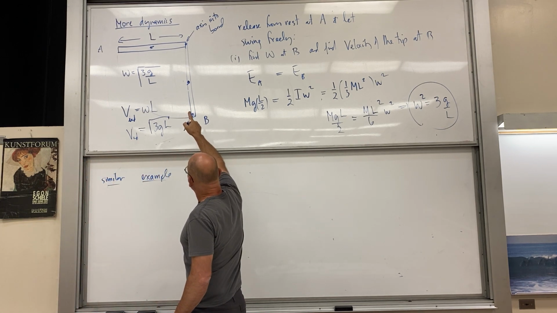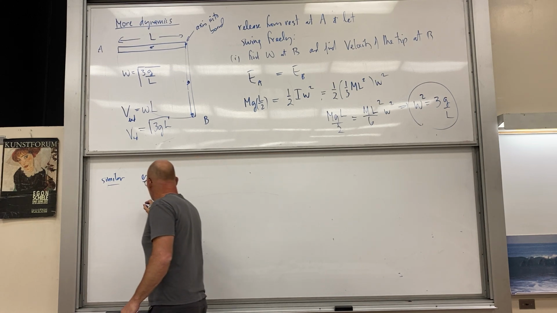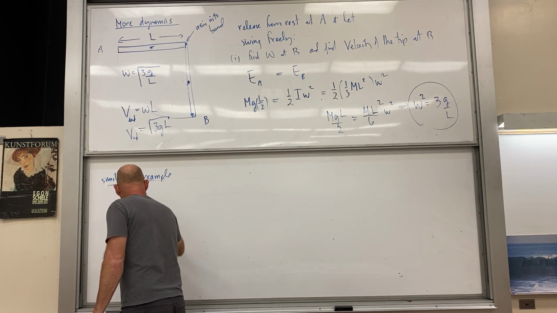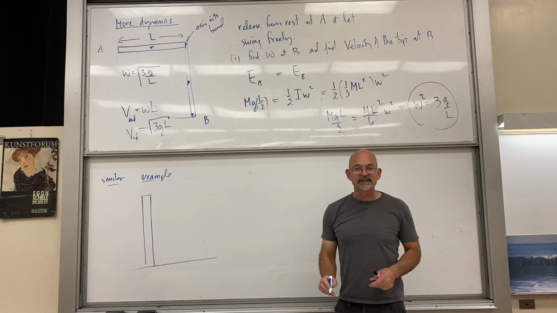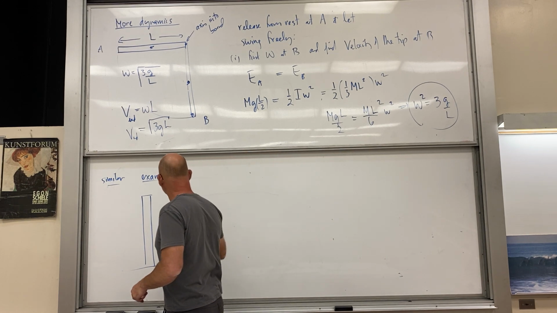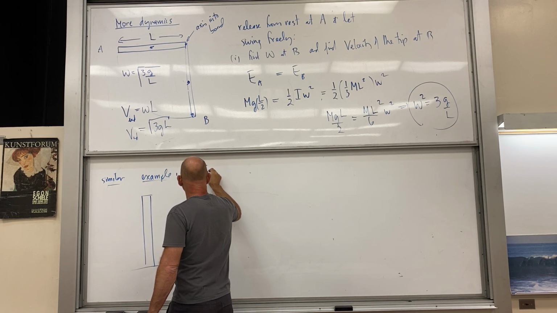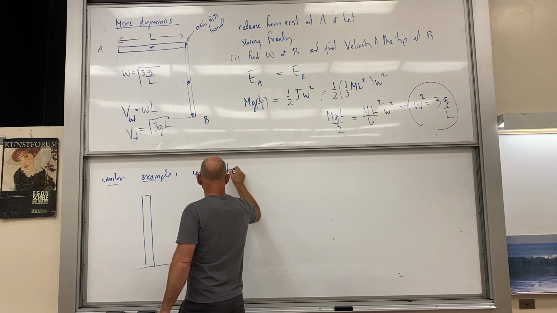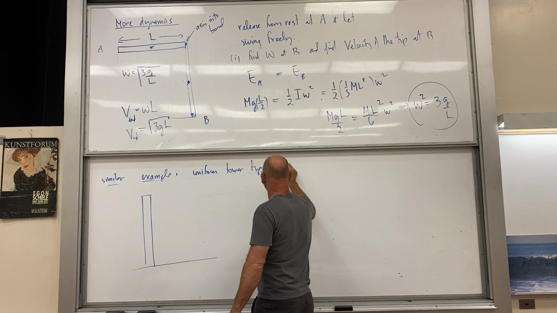So we let that thing swing through, just because it's an easy one to think about. Suppose we take a uniform tower, for example a smokestack, and we let it tip over. So the similar example is that a uniform tower tips over and falls.